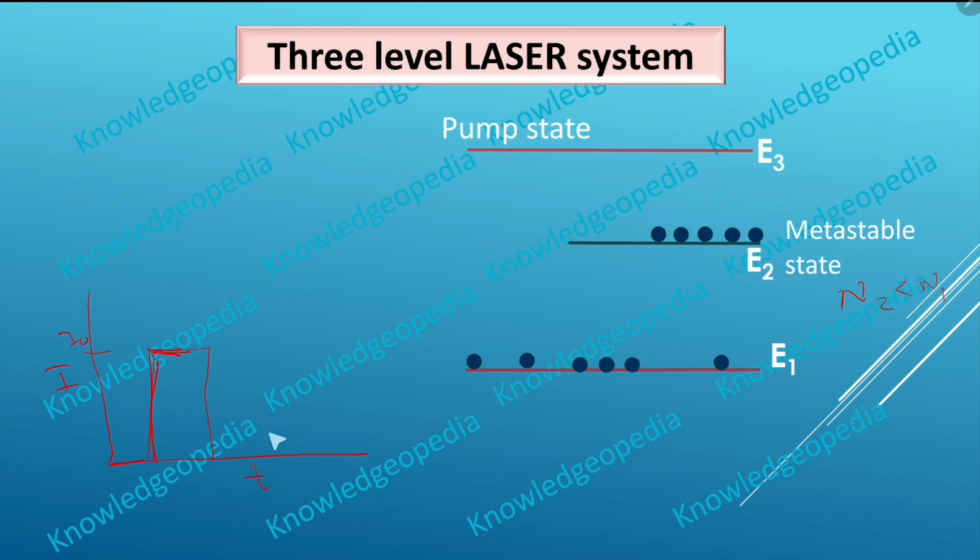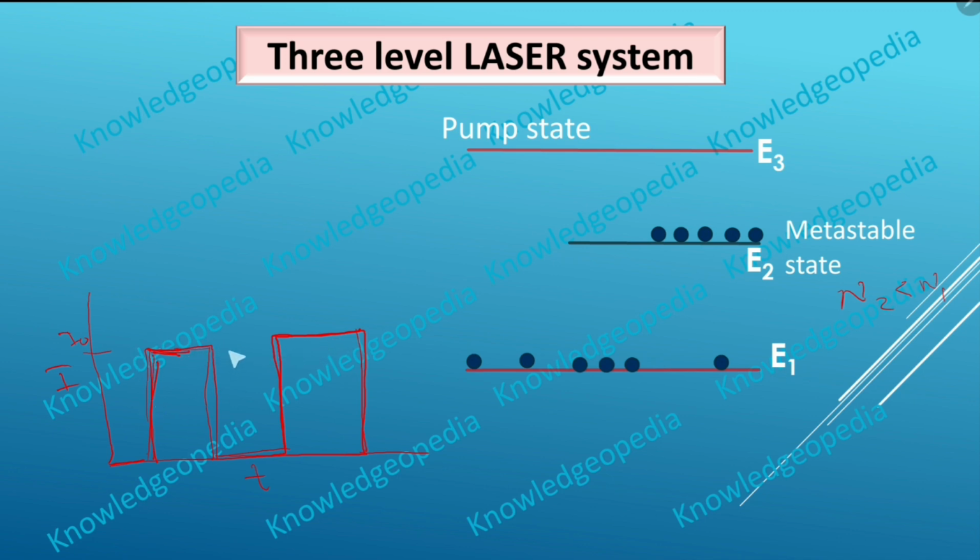Once population inversion is re-established, we get the output again. Further, when the atoms come down to E1 and we lose population inversion, the output again becomes 0. That will continue: we get the output for a particular time, it becomes 0, and further it increases again.